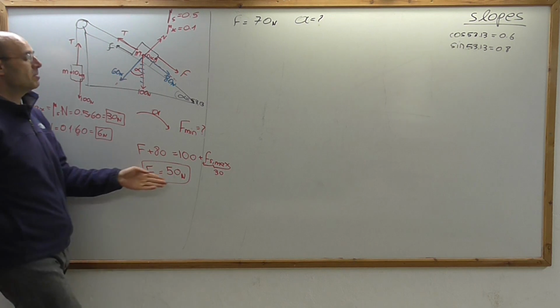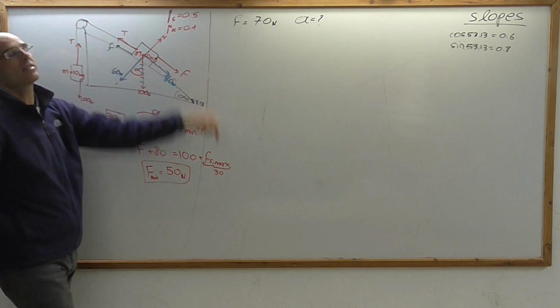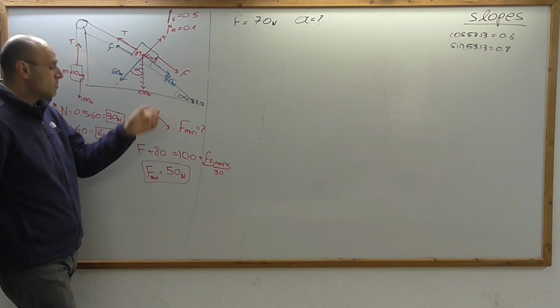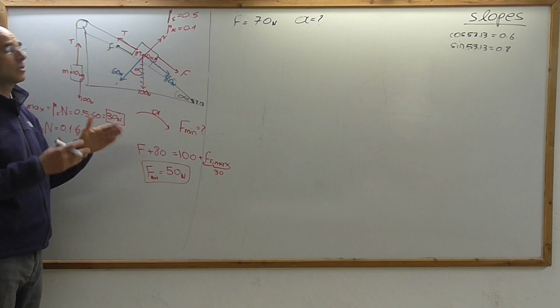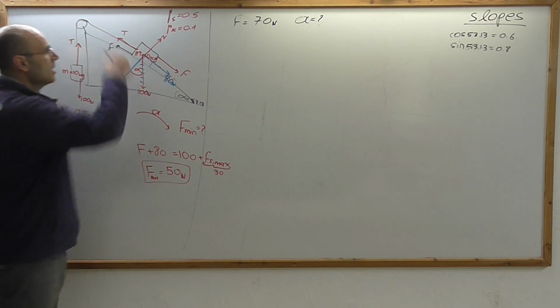Now, if F is bigger than 50, obviously it will accelerate that way because it's bigger than the F minimum I need. So if I know that it will accelerate this way, I can apply the second law of Newton. Let's do it.